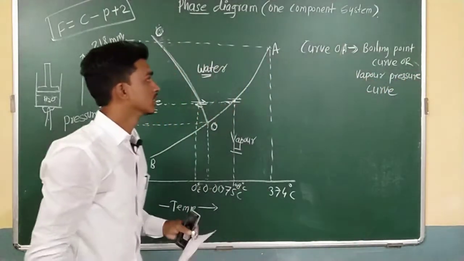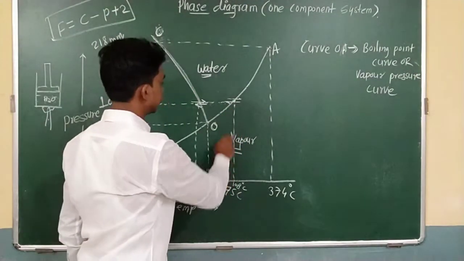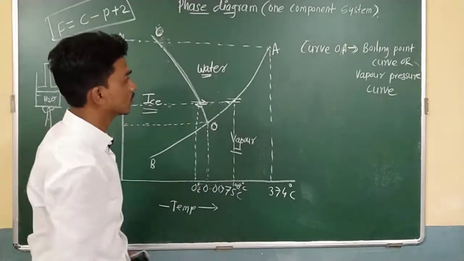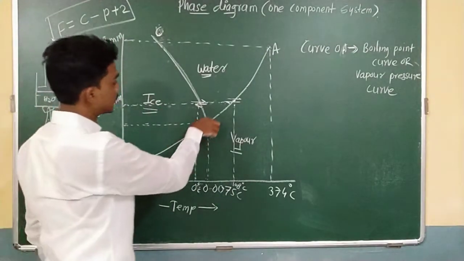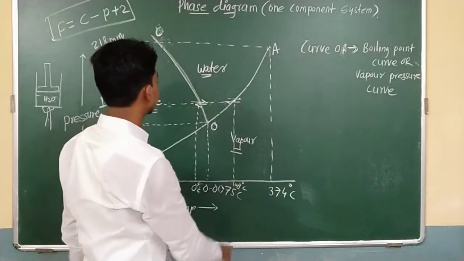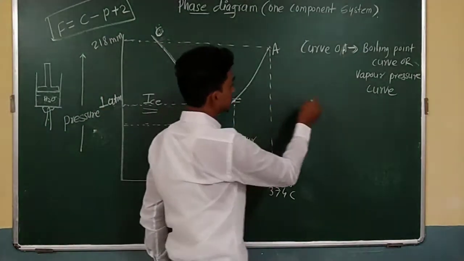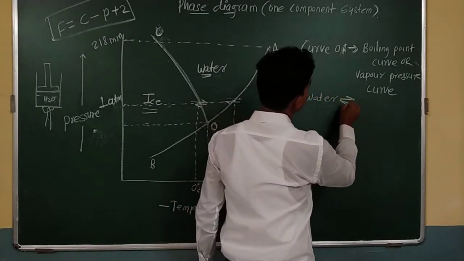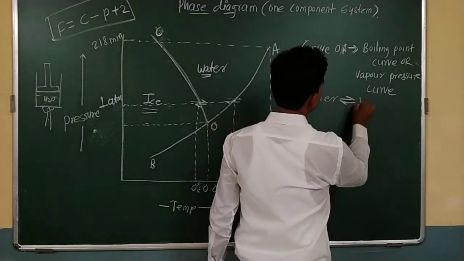At 100 degrees Celsius, when I was increasing the temperature, the pressure was kept constant. At that time, at 100 degrees Celsius, what will happen? This water is in equilibrium with vapors.